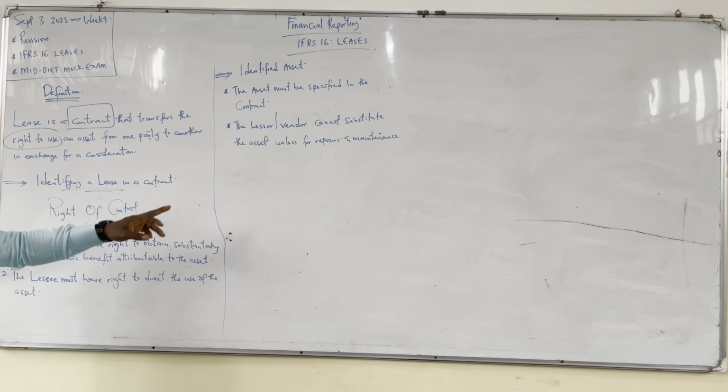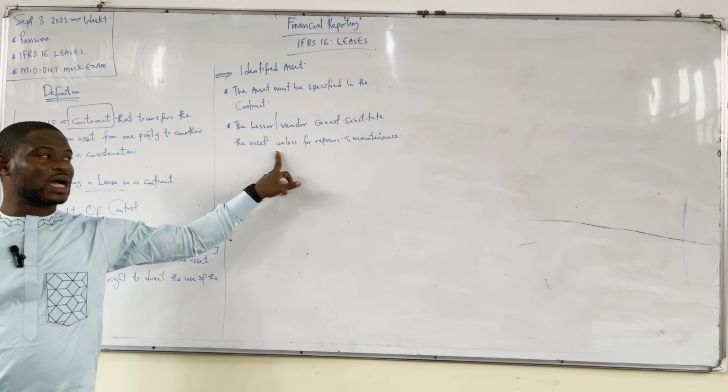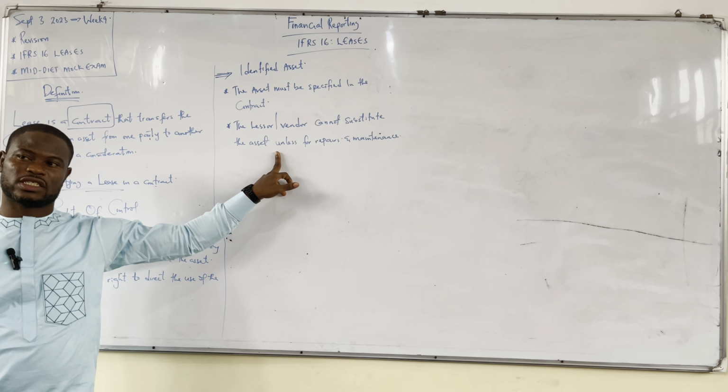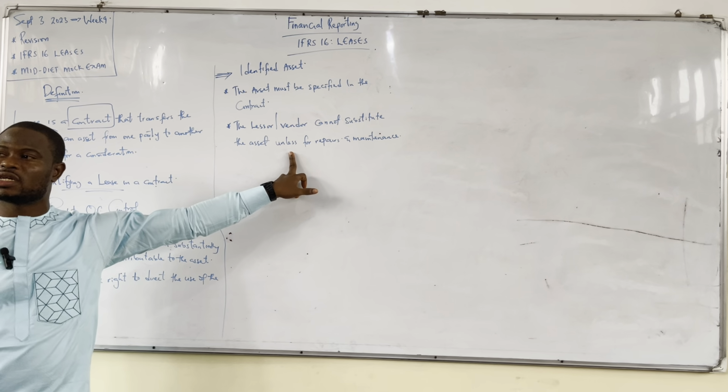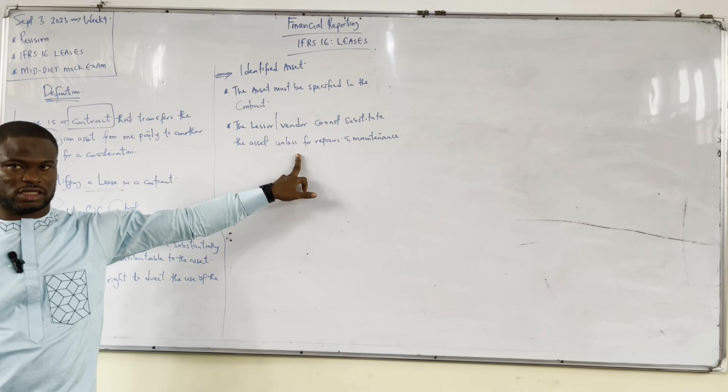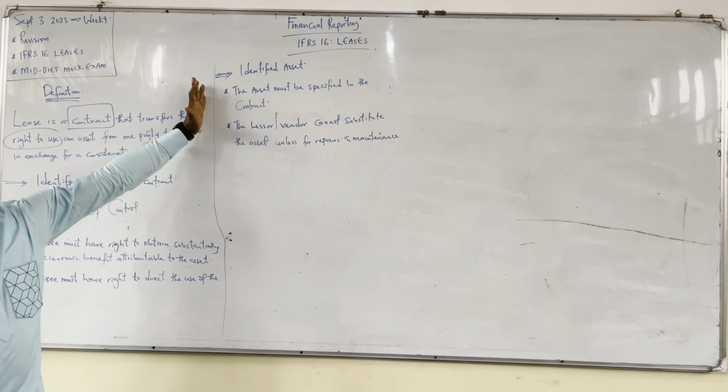The lessor or the vendor cannot substitute the asset unless for what? Repairs and maintenance. So this is about the identified asset.